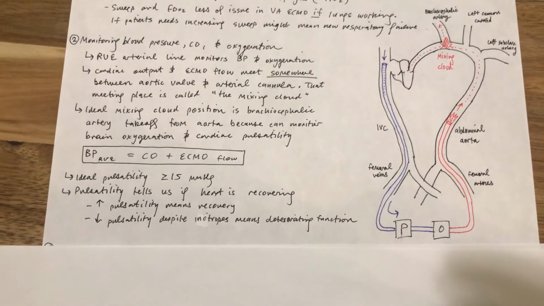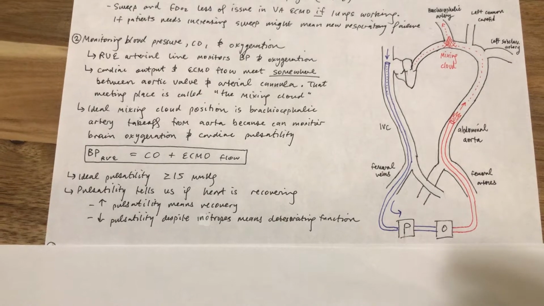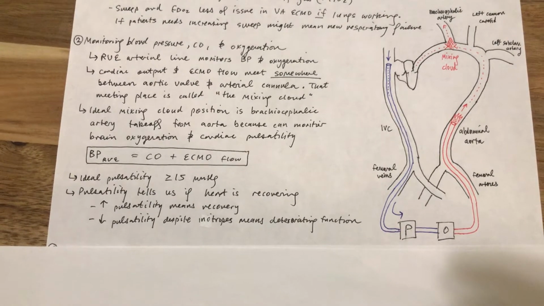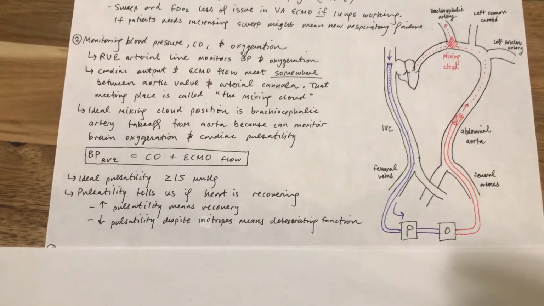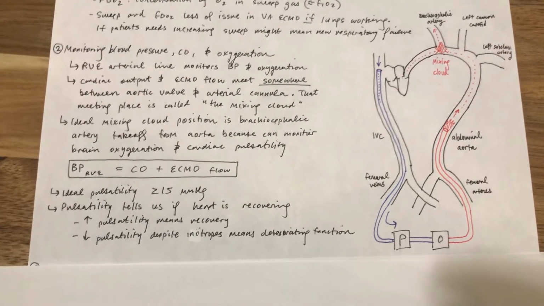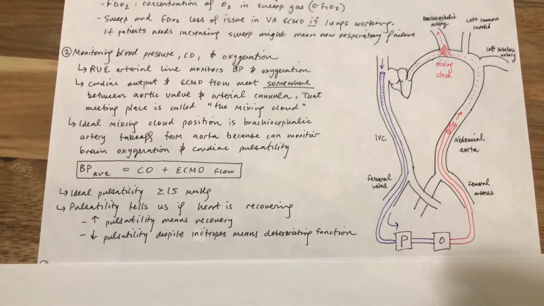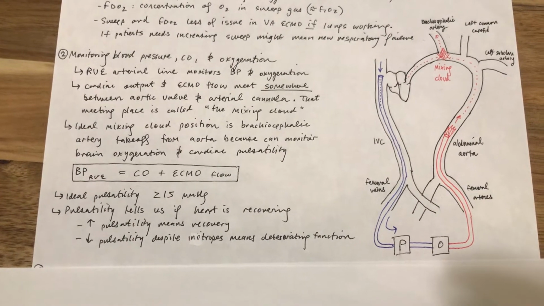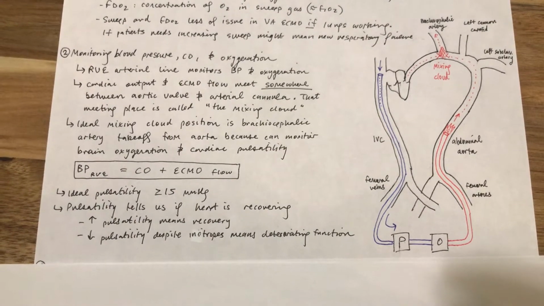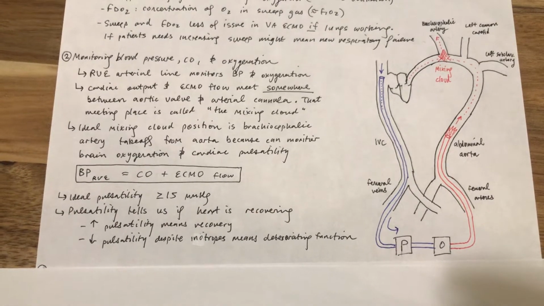But for right now, we like the mixing cloud to be in the aortic arch at the level of the brachiocephalic arteries. So that's where it's drawn. We like it there because we can use a right upper extremity arterial line to monitor both blood pressure and oxygenation at the same time.